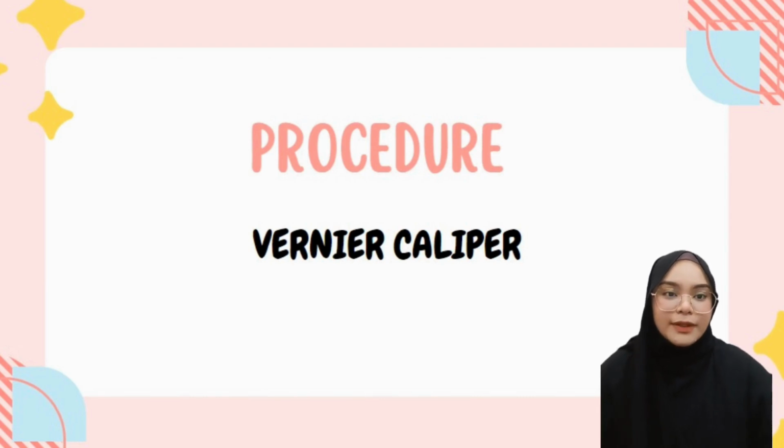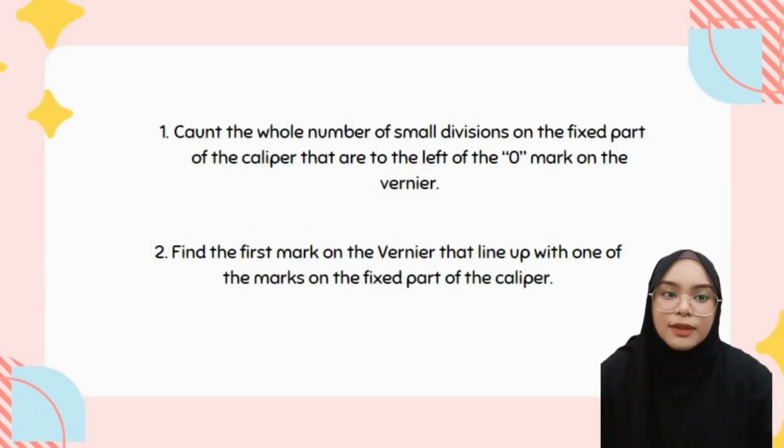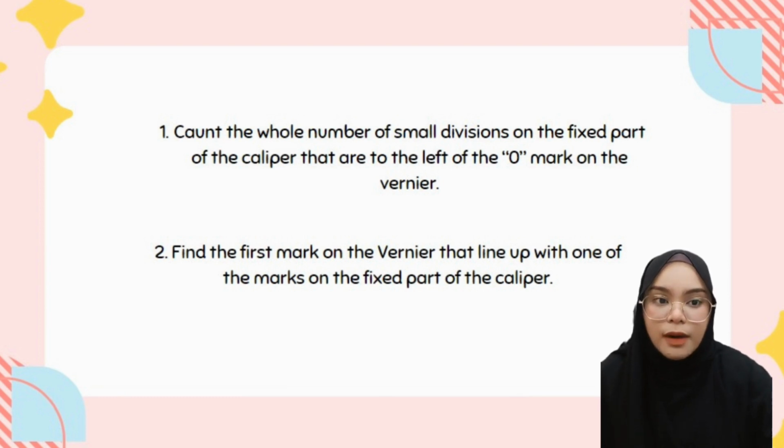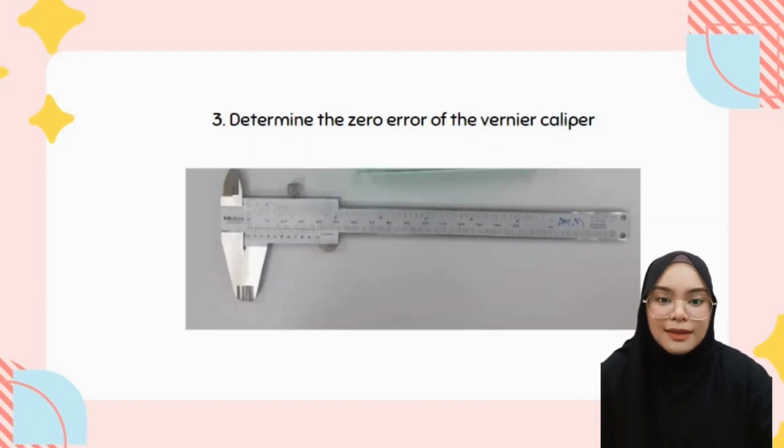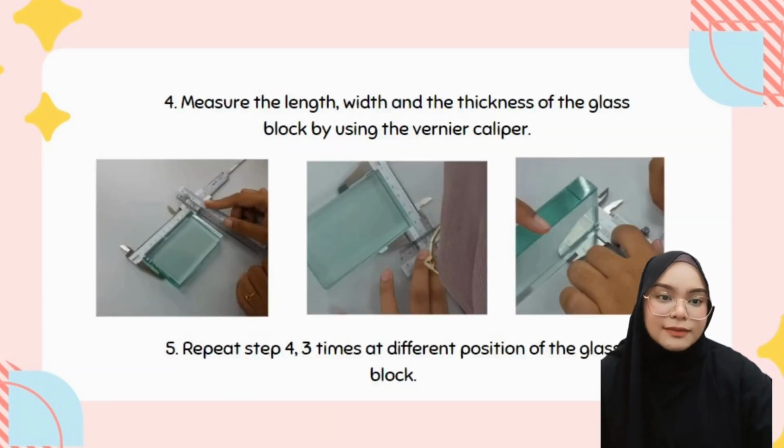Procedure for vernier caliper. First, count the whole number of small divisions on the fixed part of the caliper that are to the left of the zero mark on the vernier. Find the first mark on the vernier that lines up with one of the marks on the fixed part of the caliper. Determine the zero error of the vernier caliper.